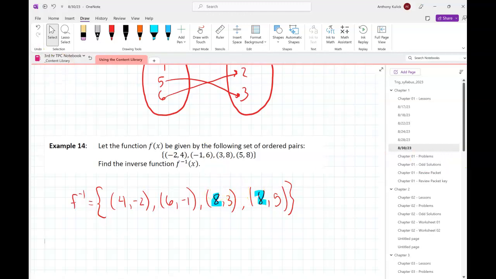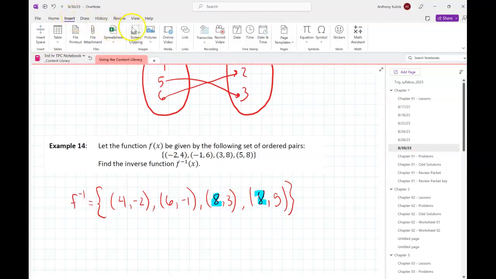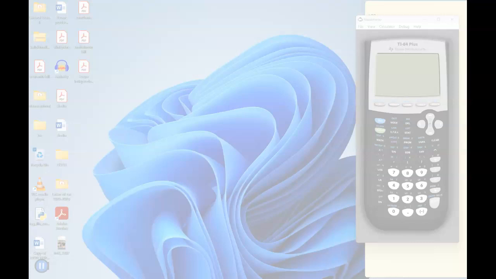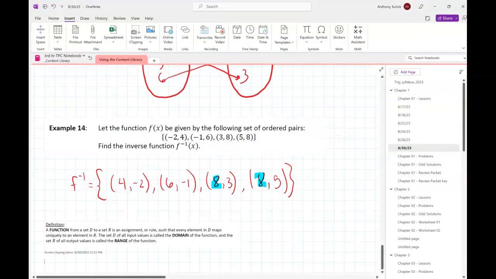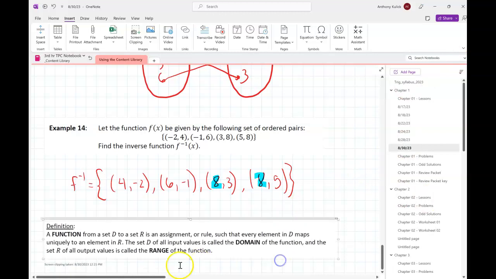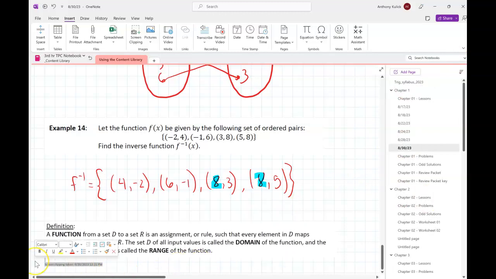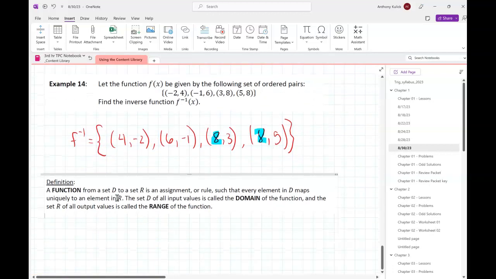So let's talk about domains and ranges here for functions and their inverses. Remind yourself that the domain is the set of inputs and the range is the set of outputs.